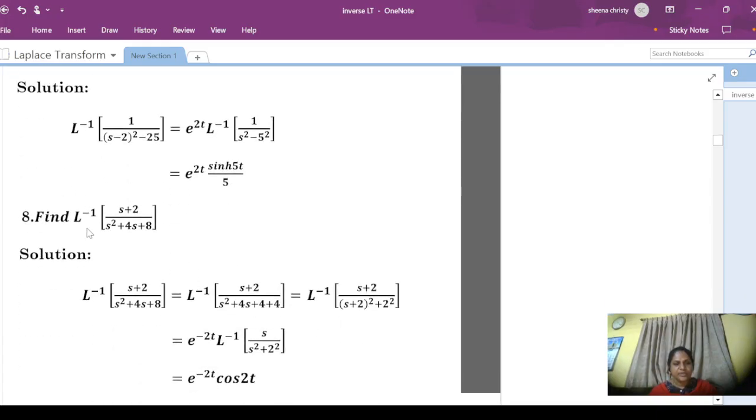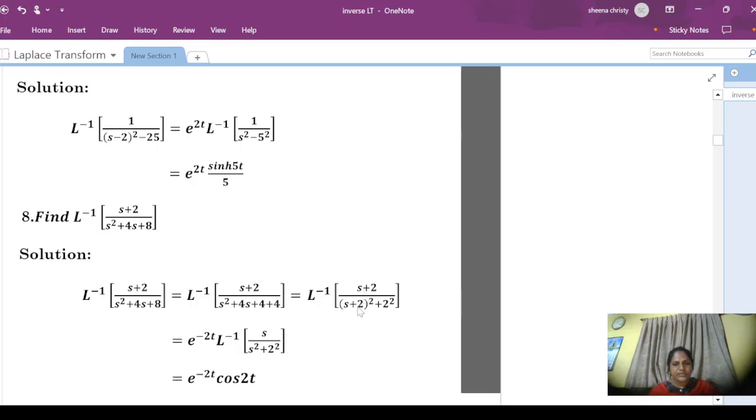Now the next problem. Find L inverse of (s plus 2) by s square plus 4s plus 8. Here if you see the denominator, you can express it as (s plus 2) the whole square plus 4. The numerator is also s plus 2.